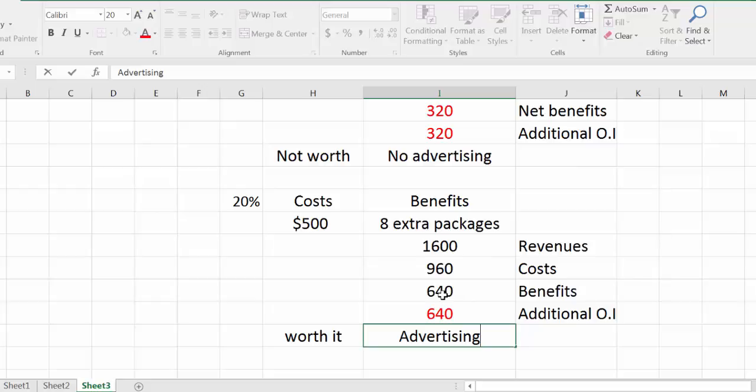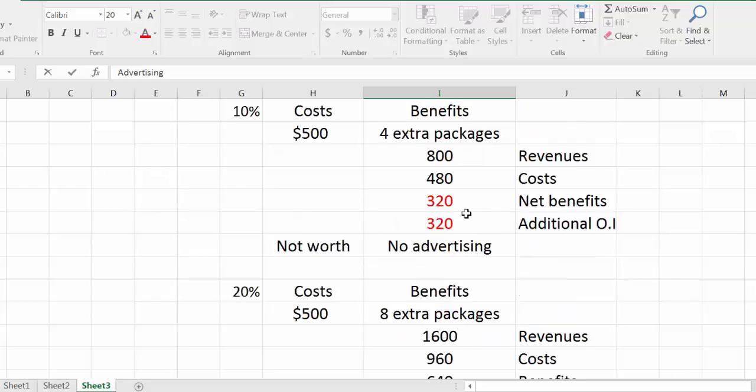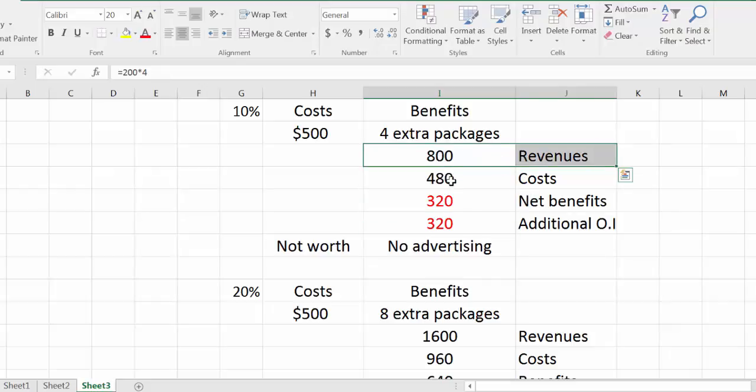Let me just mention one thing before we move to the next slide. If you look at costs and revenues, the revenues are pretty straightforward. For the costs, we're looking at variable cost. So the revenues minus variable cost, the 320, that's the contribution margin in total.